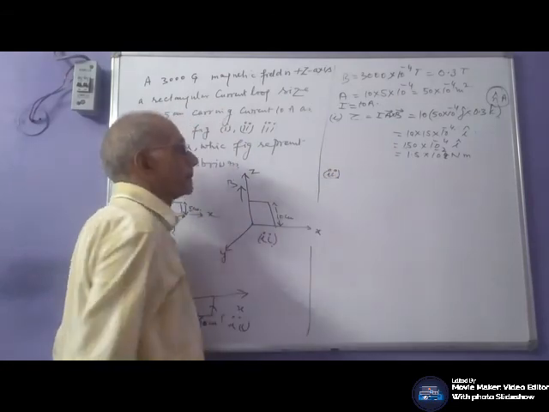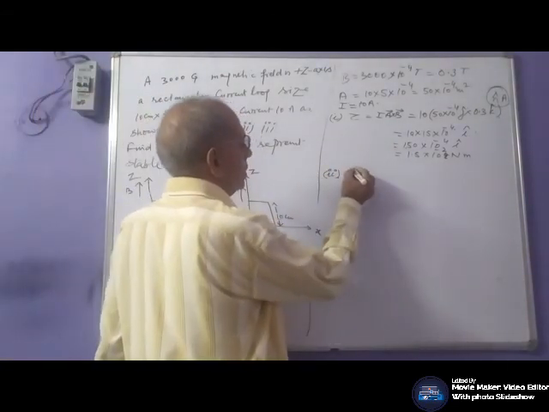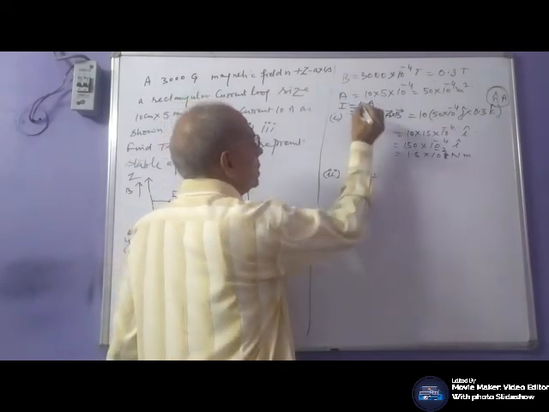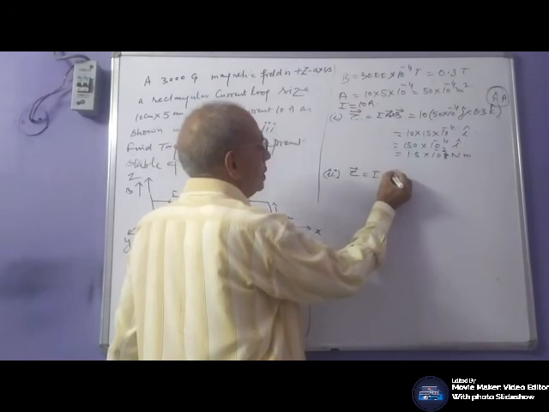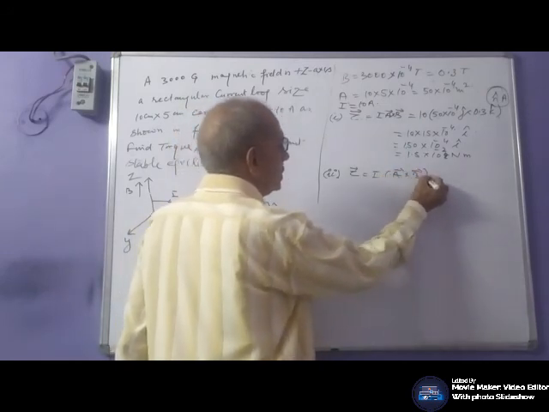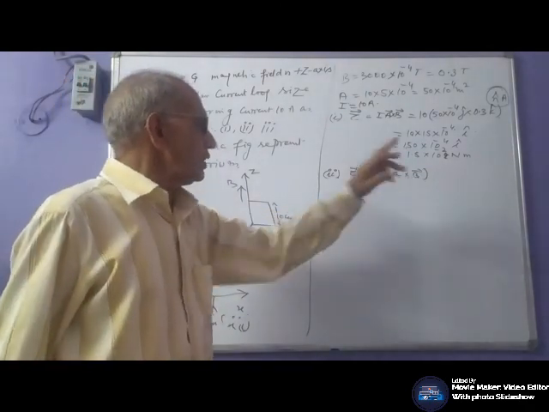Second, torque is I A cross B. I same, A same, B same.